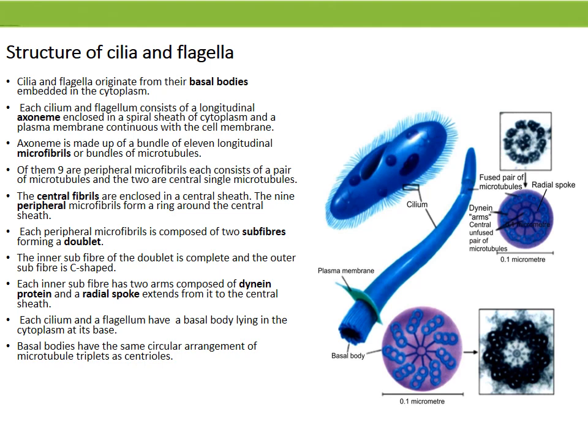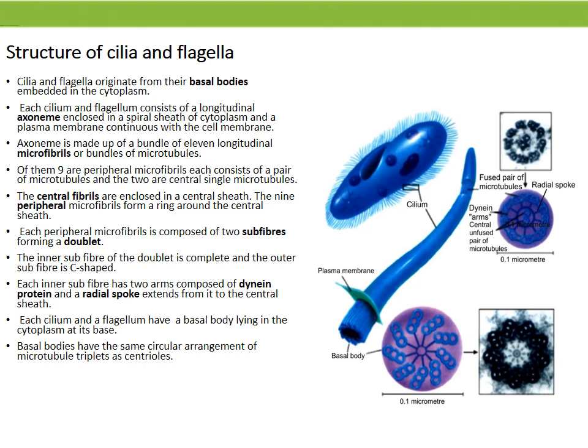Dynein is an ATPase that converts the energy released by ATP hydrolysis into the mechanical work of ciliary and flagellar beating. Each subfiber A is also connected to the central microtubules by radial spokes terminating in fork-like structures called spoke knobs or heads.